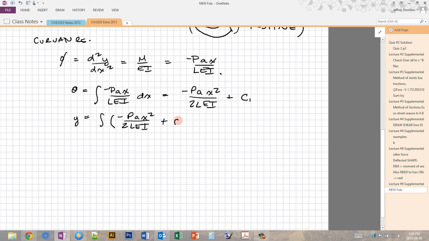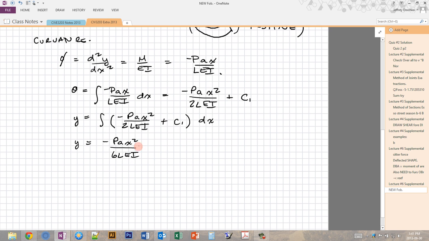So now if I integrate this again, if I'm now integrating the slope, then I can determine the deflection, which is y. So y here is negative PAx cubed over 6LEI, right?